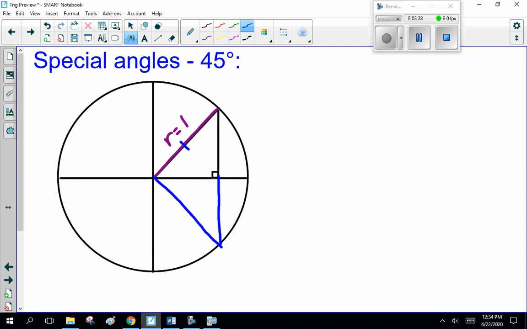We have a triangle. What kind of triangle is this? It's isosceles, where these two sides and these two angles are the same. Now, if you make this 45 degrees, like I said, hence special angles, this is 90. Okay?